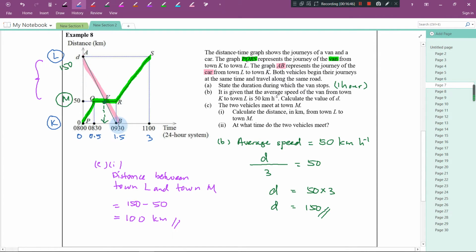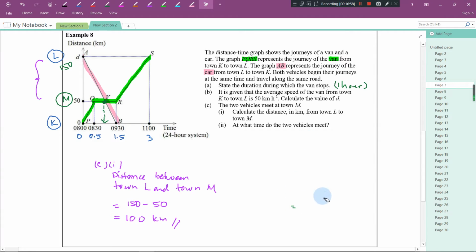This is a straight line. We know that the gradient between 2 points which fall on the same straight line will always be equal, right? If we know that concept, we can get the coordinate for point V here, and then we can get the time where these two vehicles meet each other.